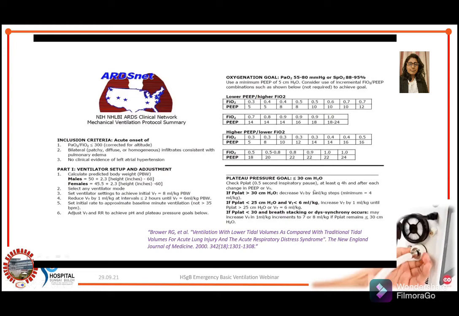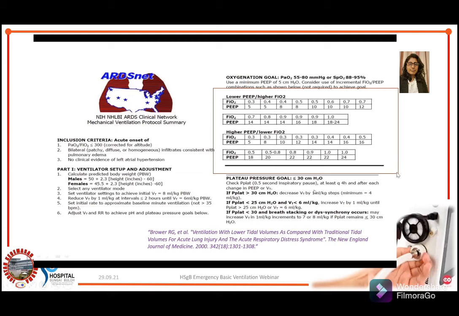The things that you will be adjusting would be your PEEP and FiO2. They have a table here where you tend to follow the given PEEP and FiO2. So you only adjust looking at the PEEP and FiO2 to maintain adequate ventilation.